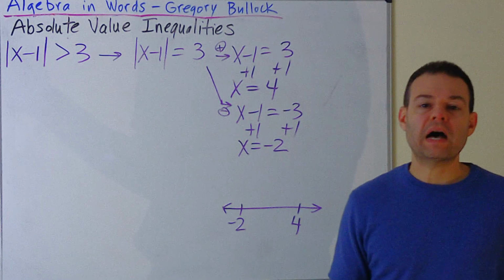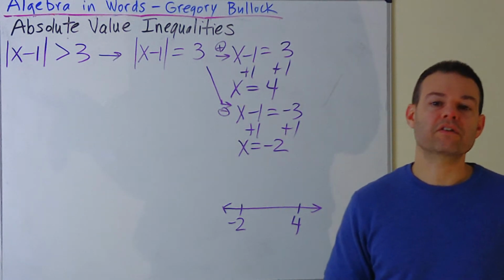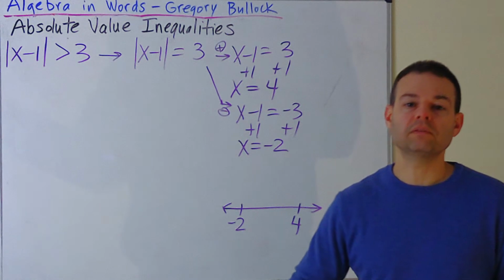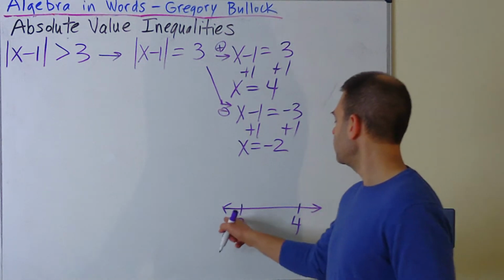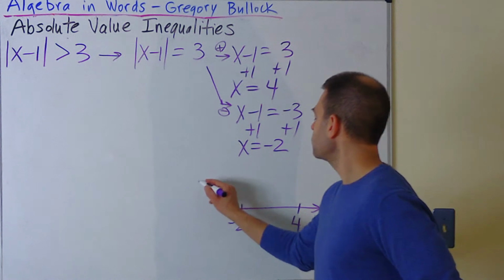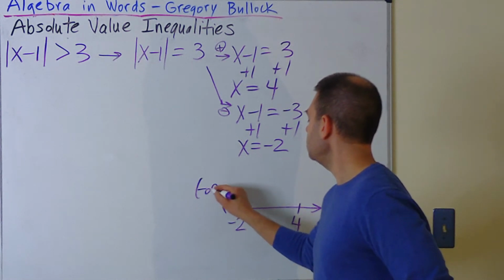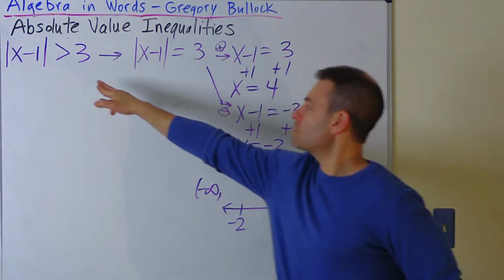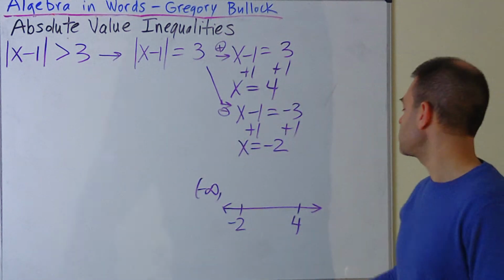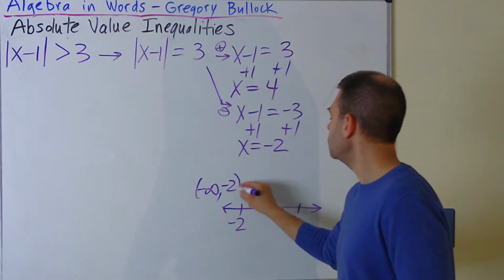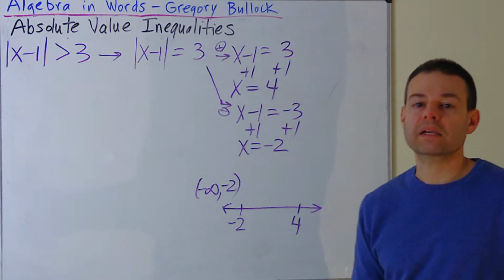Now, we're going to define each of the 3 regions that are split up by our just found boundary points. So over here, we're going to have negative infinity. And this symbol is non-inclusive, so that's going to make this negative 2 with the parenthesis, not a bracket.